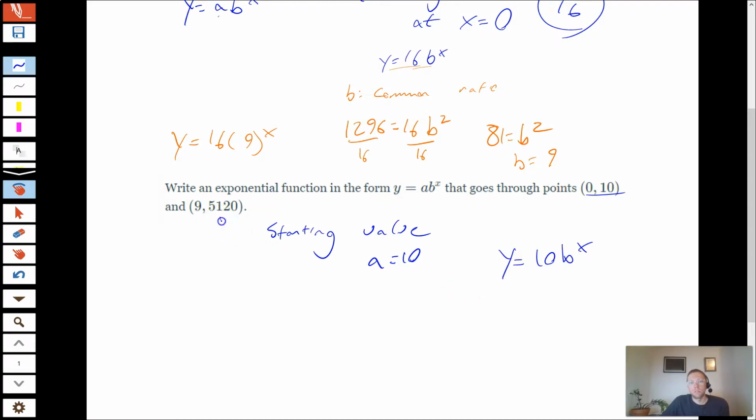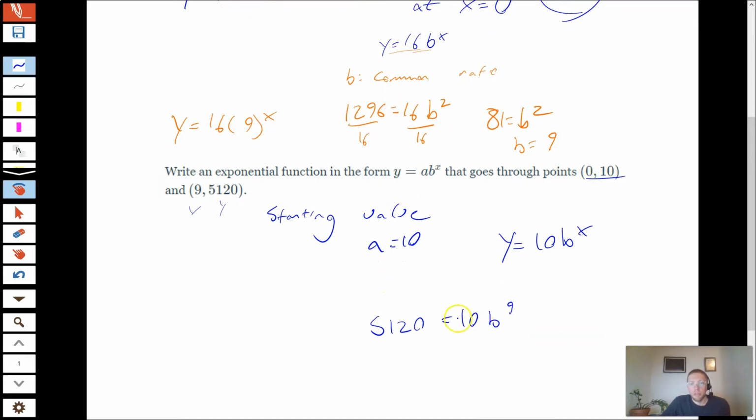So y and x, and we'll say 5,120 is equal to 10 times b to the 9th. Then I'm going to divide both sides by 10.